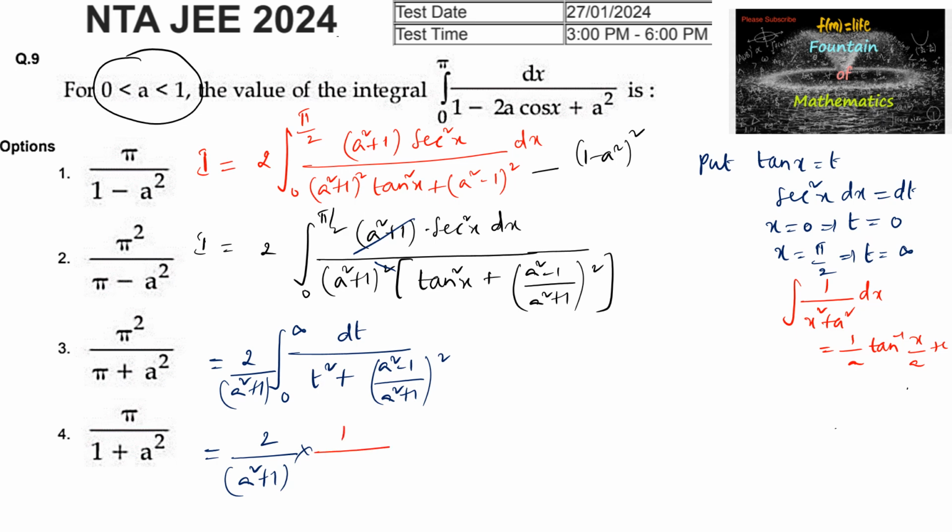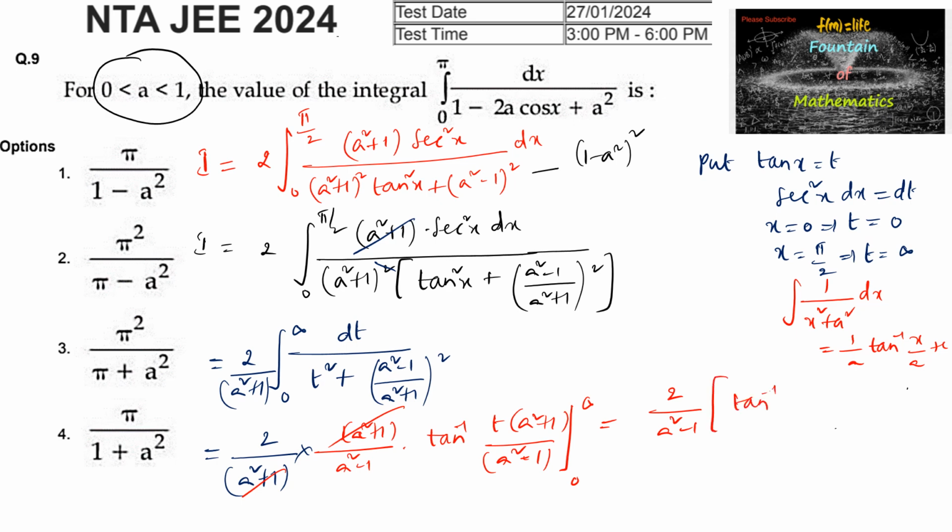So we can write 1 upon a, that is (a square minus 1) by (a square plus 1), in the numerator, into tan inverse of t into (a square plus 1) upon (a square minus 1) over the limits 0 to infinity, which is equal to 2 upon (a square minus 1) into tan inverse of the upper limit infinity minus tan inverse of the lower limit 0. So 2 upon (a square minus 1) into tan inverse infinity is pi by 2 and minus tan inverse of 0 is 0.